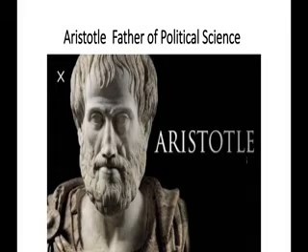We study the origin, development, and nature of state, which type of administration is adopted in state, the scope of state, and the rights and fundamental duties of citizens.